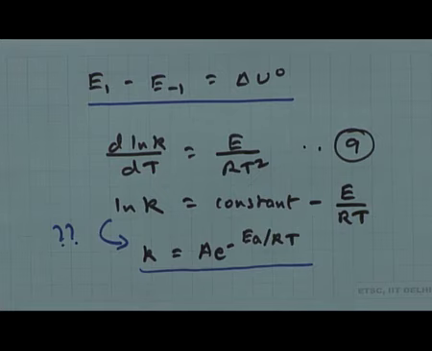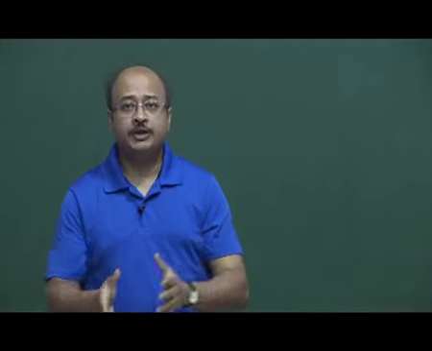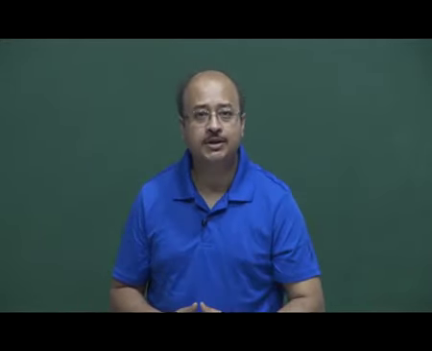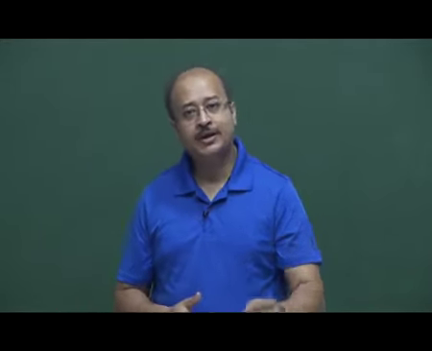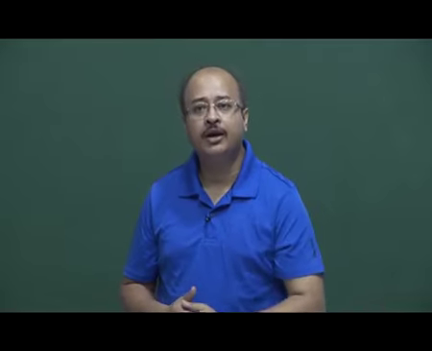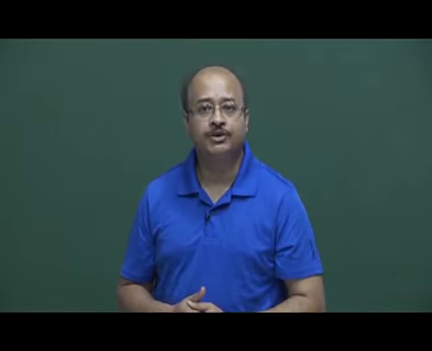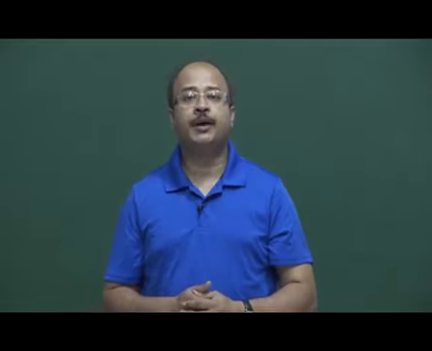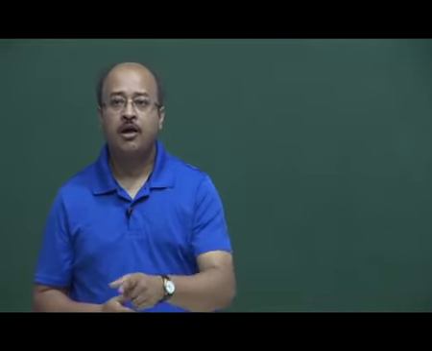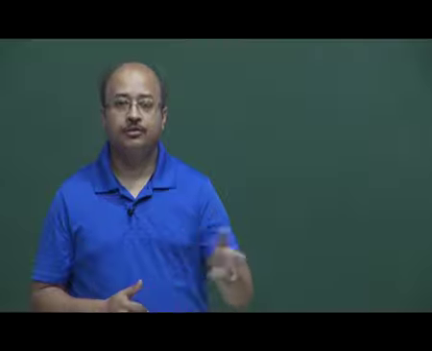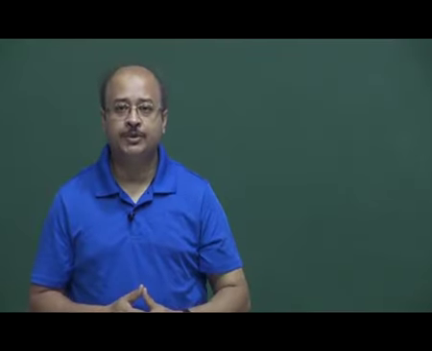But then I am sure you are wondering right now, if Van 't Hoff had already proposed this, then why is it said it is the Arrhenius rate equation, or the Arrhenius expression for how the rate constant depends on temperature.